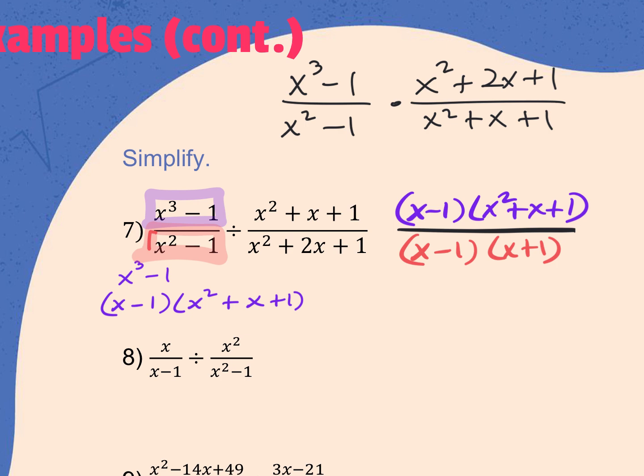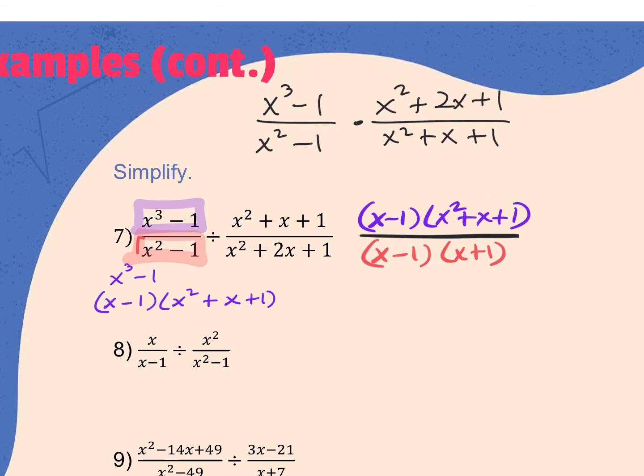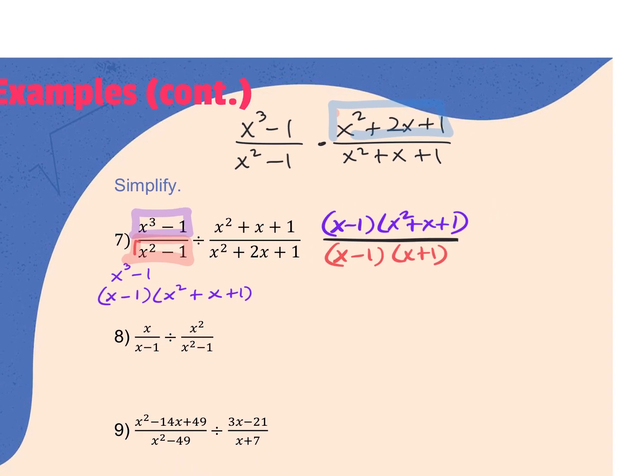So for the numerator now, factors of 1 that will give me 2. This is a perfect square trinomial. So the factors of 1 are going to be 1 times 1. And then when you add 1 plus 1, you get 2. So this numerator is going to factor into x plus 1 and x plus 1, a binomial squared.